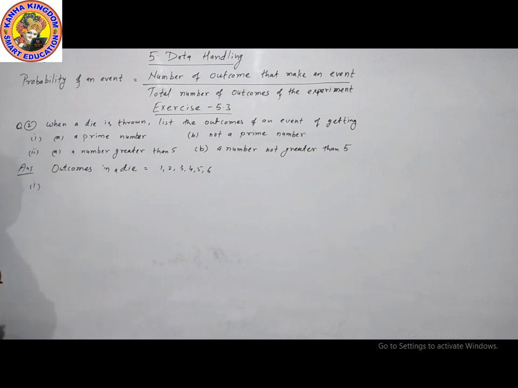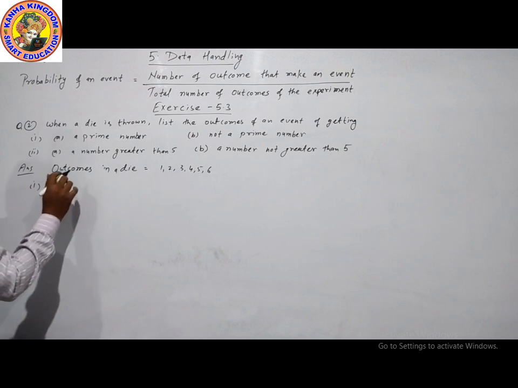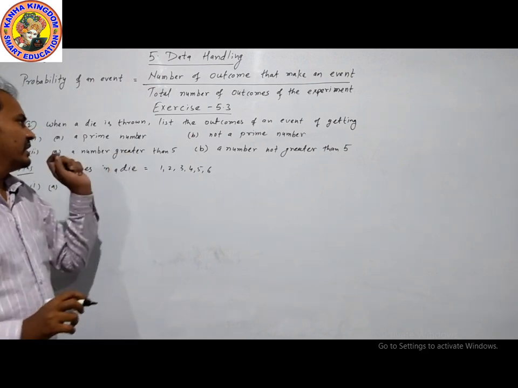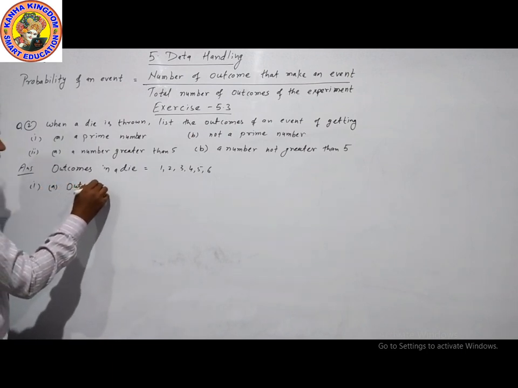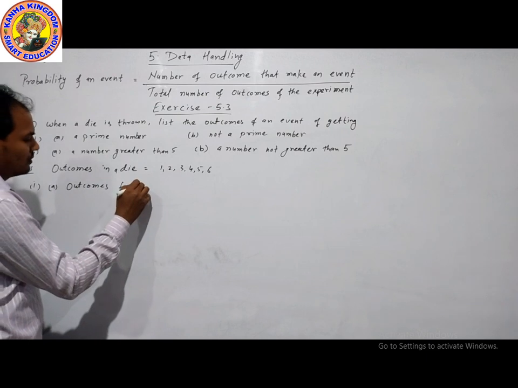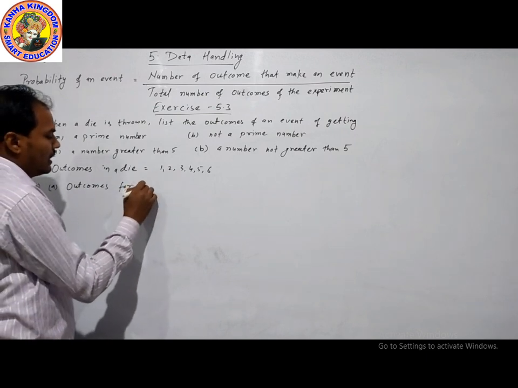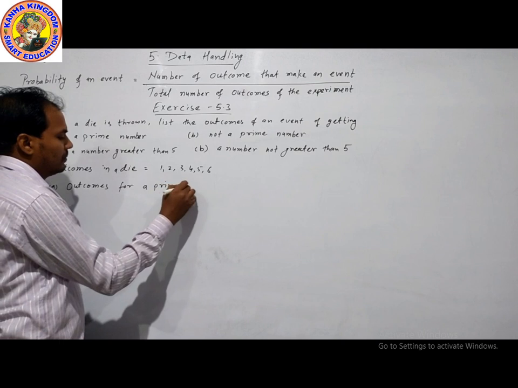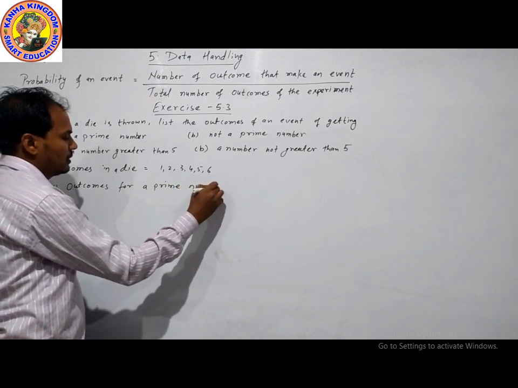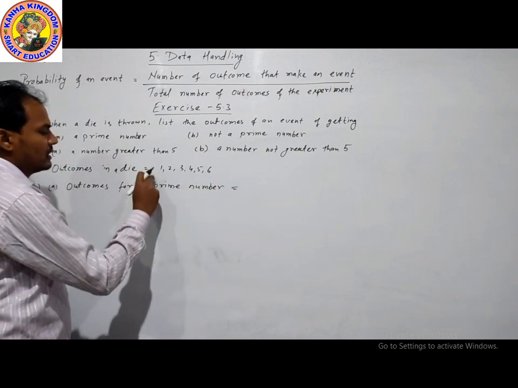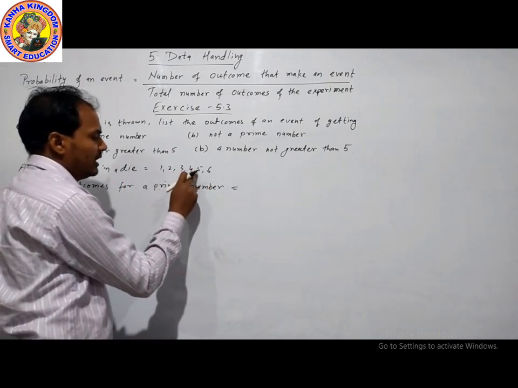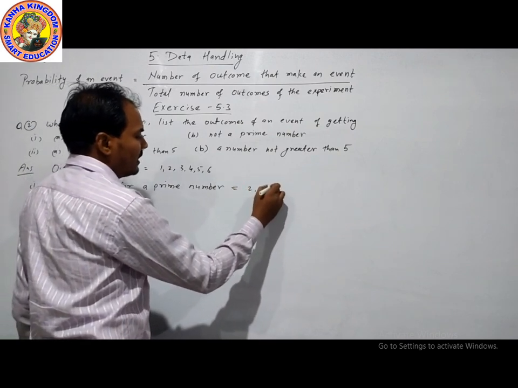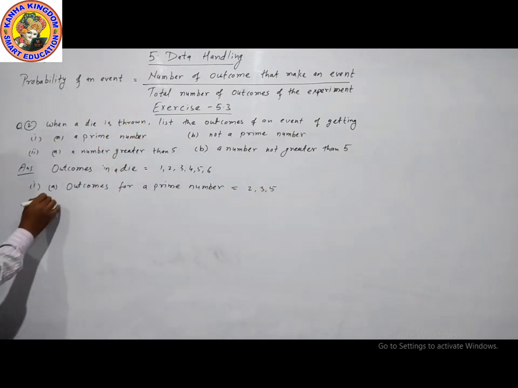Now we are attempting the first question. In part first, the event is a prime number. Outcomes for a prime number. These are the 6 outcomes. Which numbers are prime numbers? 2, 3 and 5 are the prime numbers.